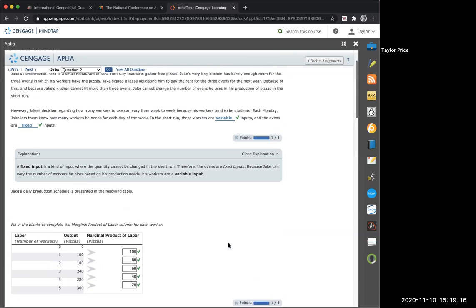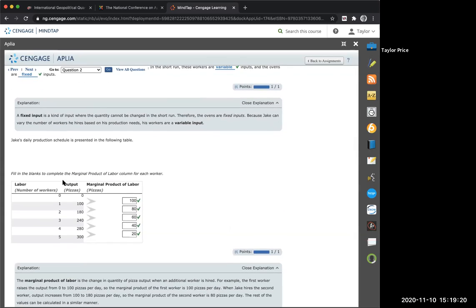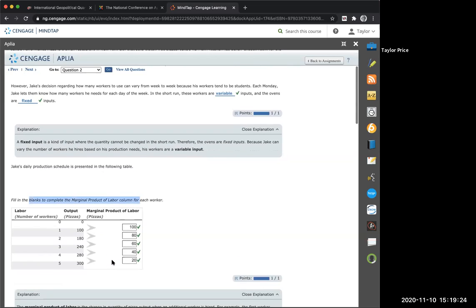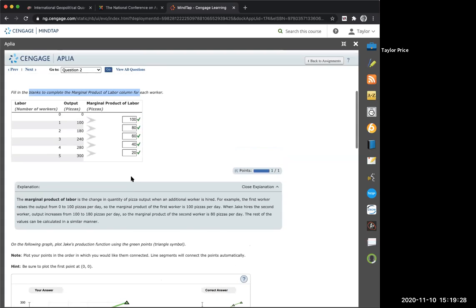Okay, so this question is basically asking you to determine marginal product of labor. The way that I would think of determining marginal product of labor is the change in the quantity of pizza output when an additional worker is hired.